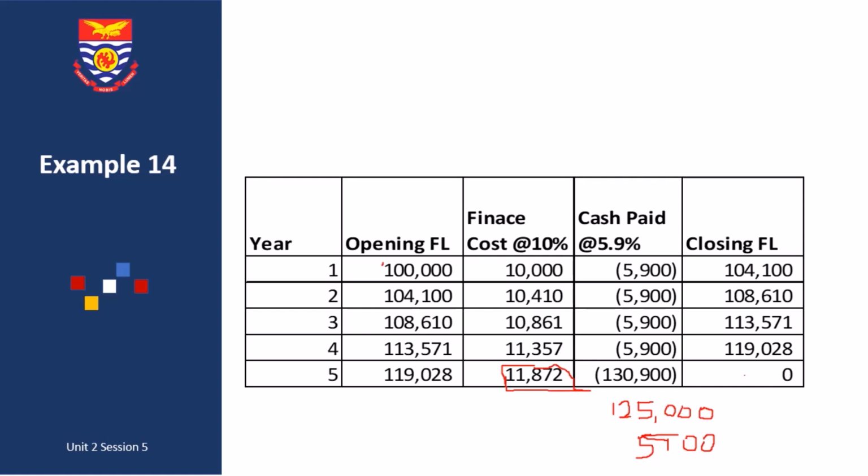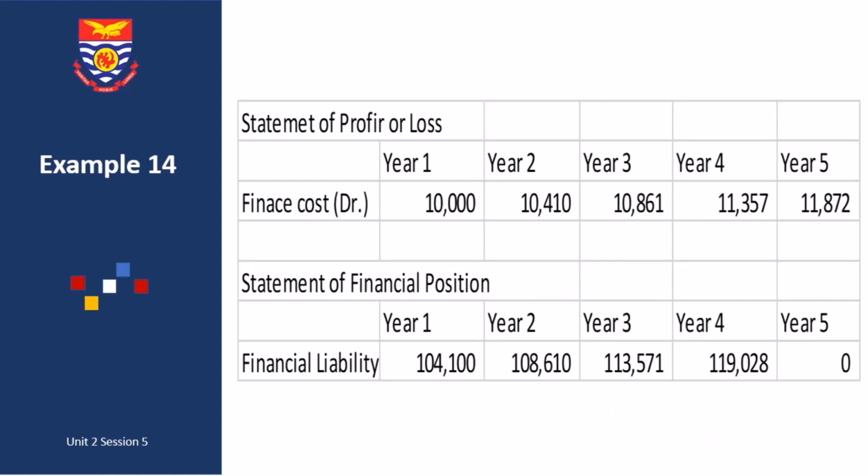Now you have to go ahead and use it to prepare the extract of the financial statement. So let's look at how it's going to appear when you are sending these figures into the financial statement. When it comes to the statement of financial position, we say it is the finance cost incurred that will come here.